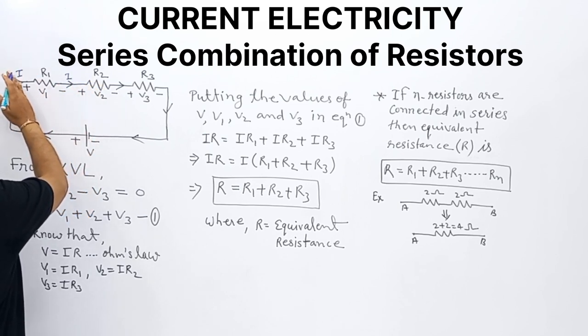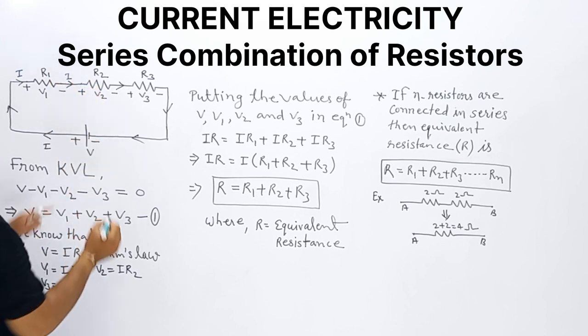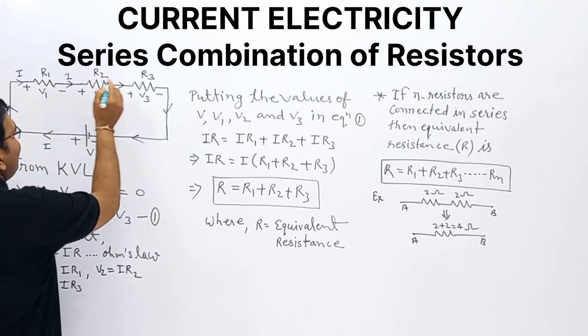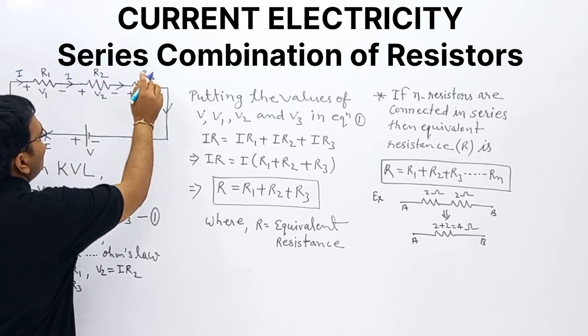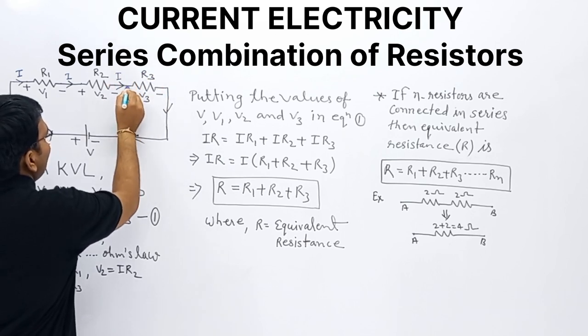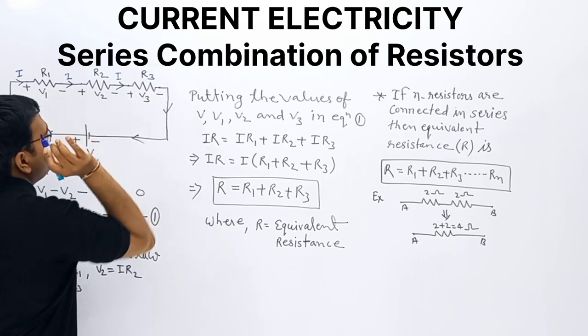Now the same current I is entering R2, so this entering terminal will be positive. Current I leaves R2, so this will be negative. For R3, current I again enters, so this will be positive and this will be negative.